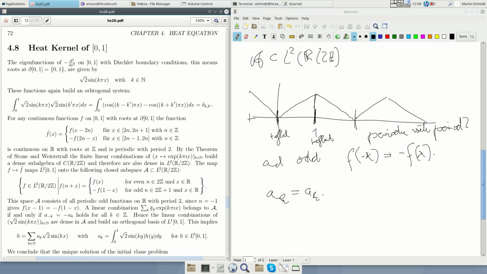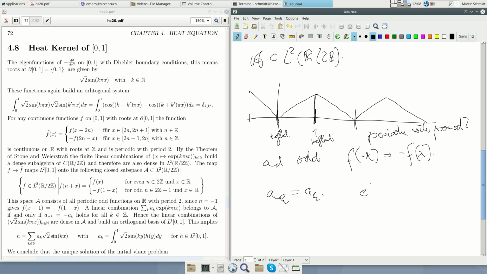So we get exponential of 2 pi i k x minus exponential of -2 pi i k x, and this is, as you know, 2i times sine of 2 pi k x.